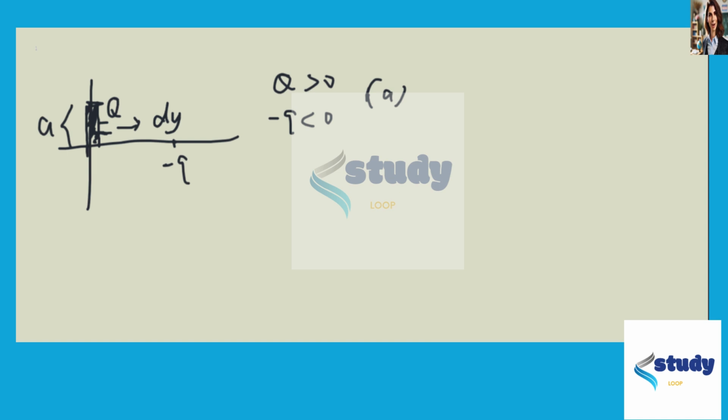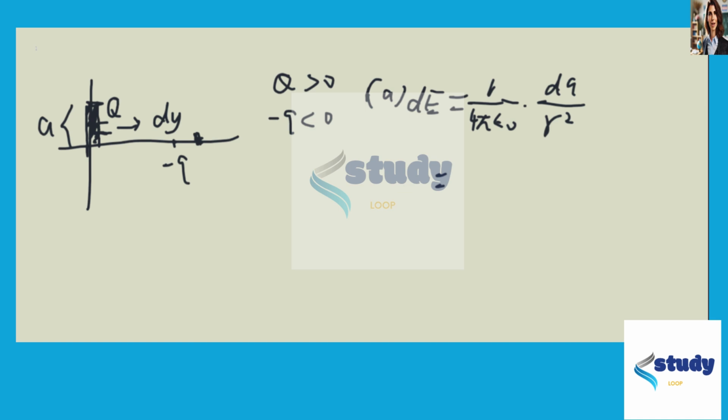By using Coulomb's law, we know that dE, the electric field on the x-axis induced by this small part, equals 1/4 pi epsilon naught times dq over r squared. dq is the charge of the small part, and r is the distance from the small part to this location.